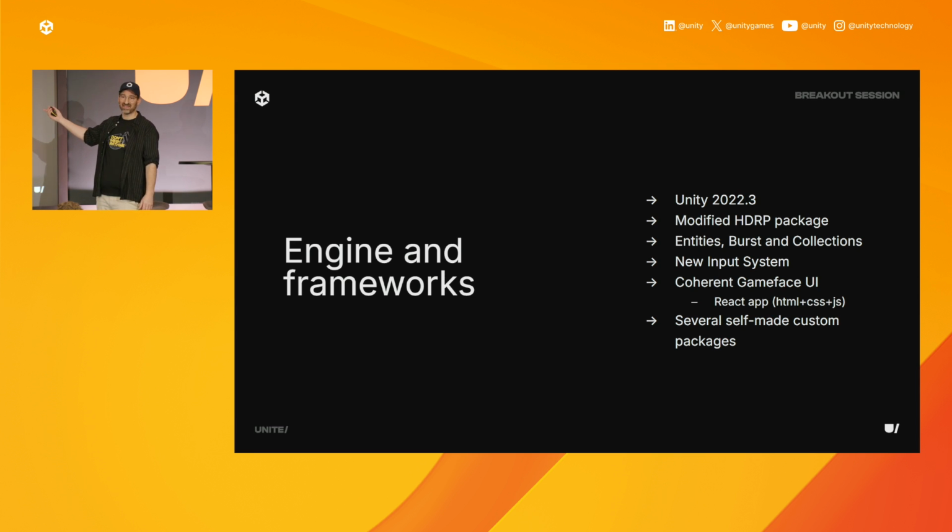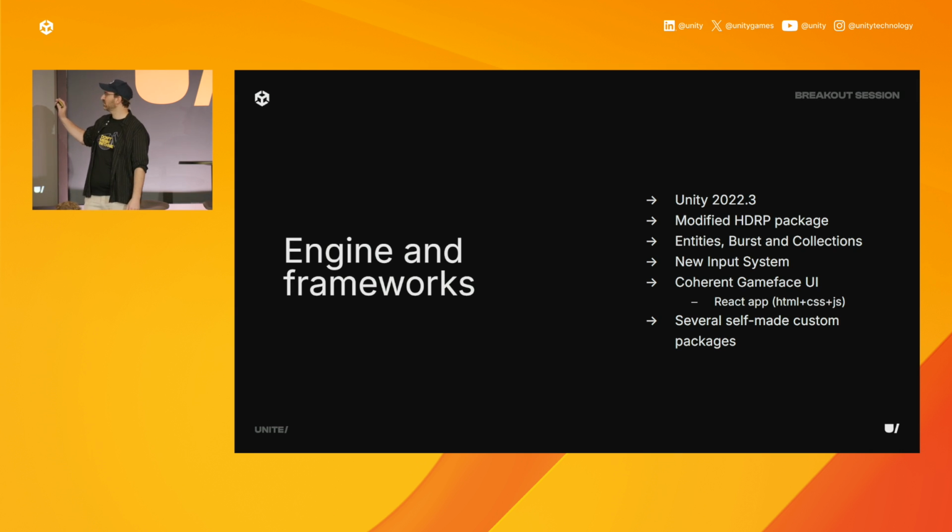Our UI is a big React app, which we can almost run in Chrome as well. So it's very convenient to develop the UI for the game because we can use standard web development tools. We use Chrome to debug the game UI. And the game runs a JavaScript engine, V8, the same one that Chromium uses. And it's been a very good fit for us.